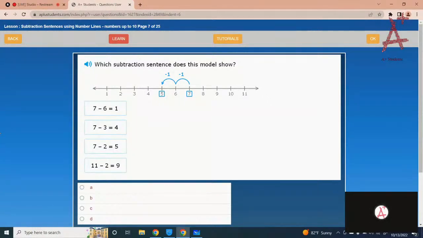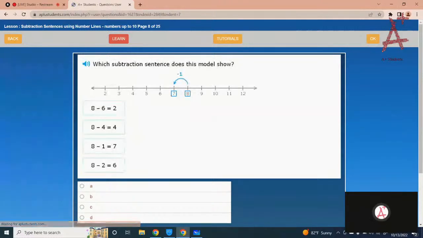You started at 7. You move back 2 times. Got it? 1, 2. And you're on 5. That means 7 take away 2 equals 5. So which option is the correct one? This option, 7 subtract 2 equals 5. Option C is the correct option. Select the correct option and click on the OK button.